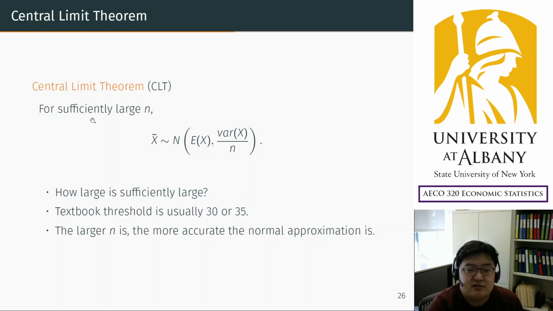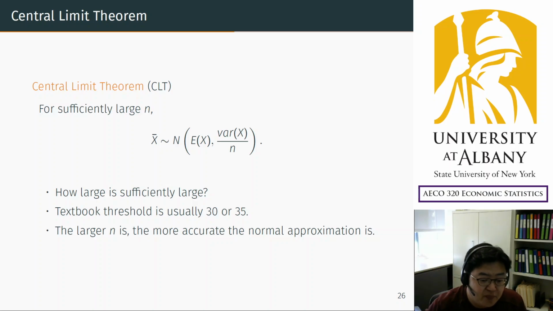So then the question is, when I just said sufficiently large, how large is sufficiently large? There is no scientific way to say this is large but this is small. Simply speaking, the larger the better, the more the better. But in many textbooks, the threshold is usually set as 30 or 35. But as I said, 35 is still very small. Particularly in economics, we have the sample size usually at least several hundred.